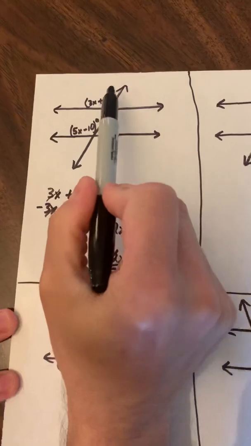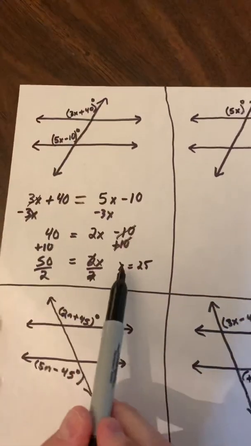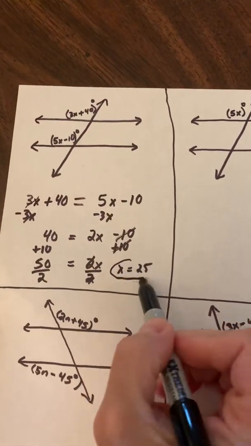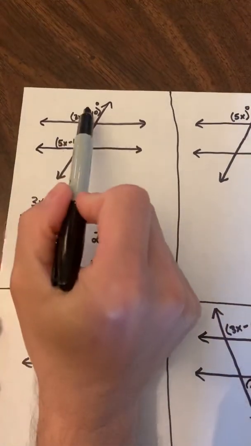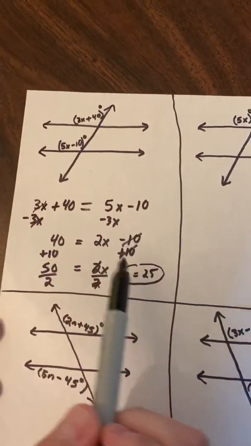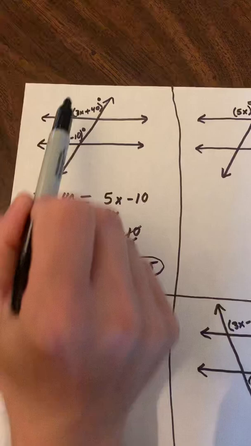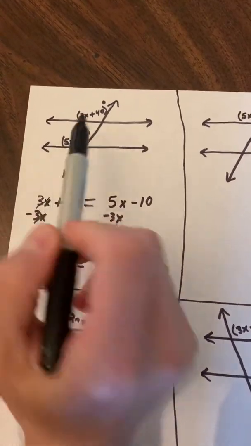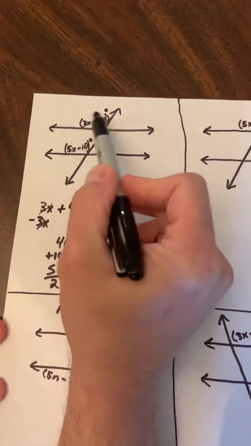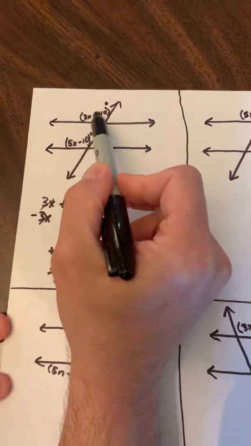Now, that doesn't mean these angles are 25 degrees. It means the value of x is 25. To find the measure of these angles, I now have to substitute 25 in for these x's, all right? So for this angle up here in the top left-hand corner, I have 3x plus 40.